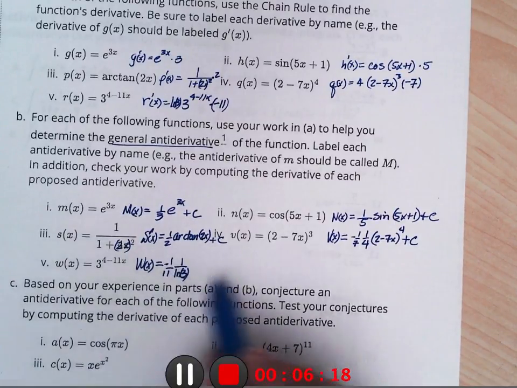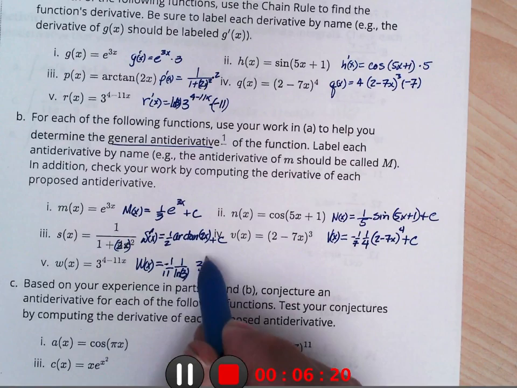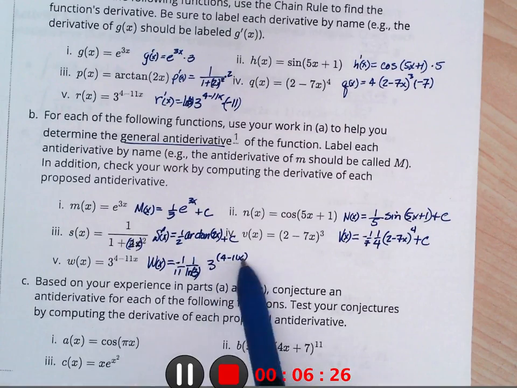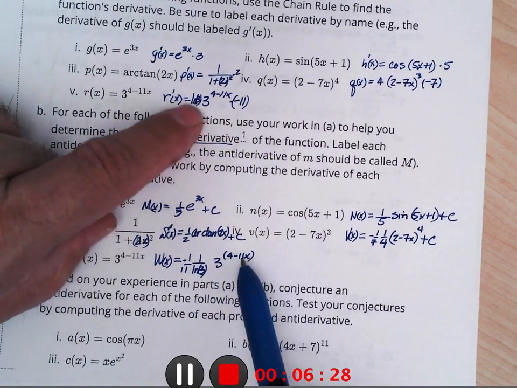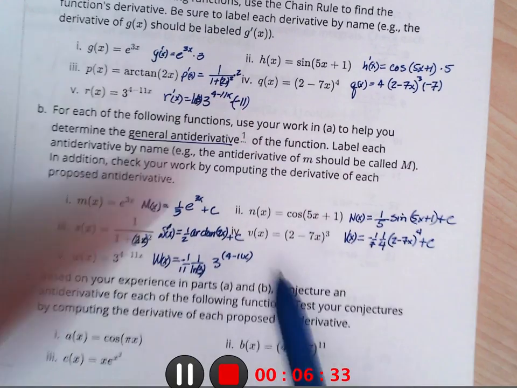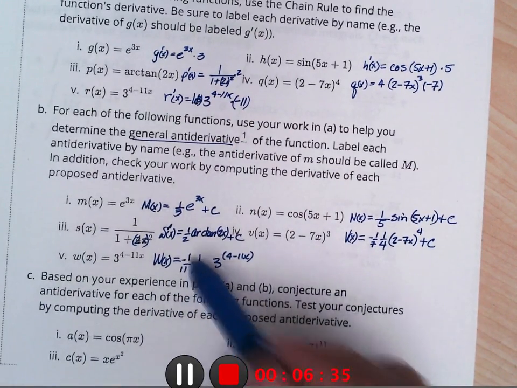Then we can do 3 to the 4 minus 11x. So the derivative of this created a ln3, so we divide it out. Created a -11, so we divide it out. Plus C.